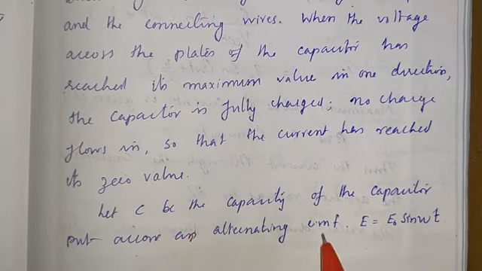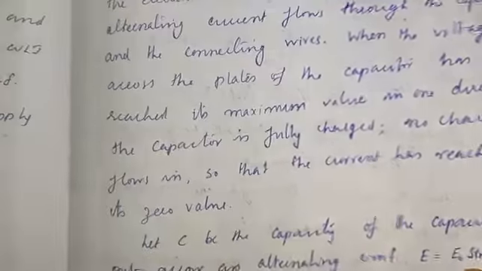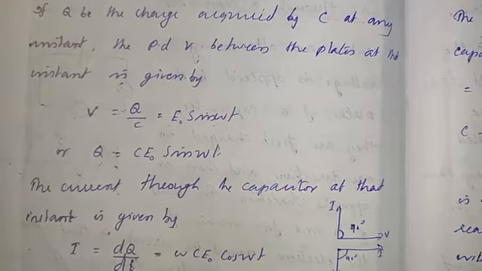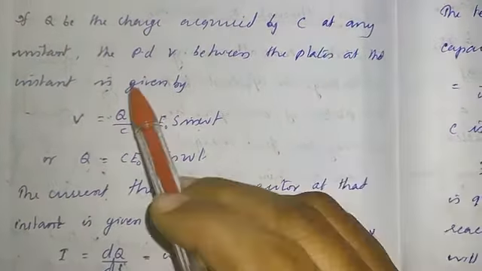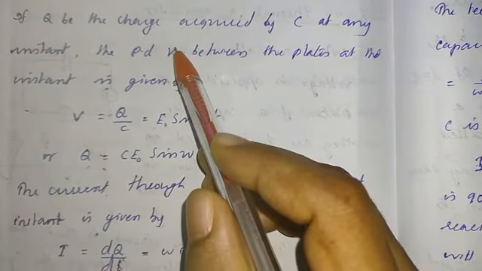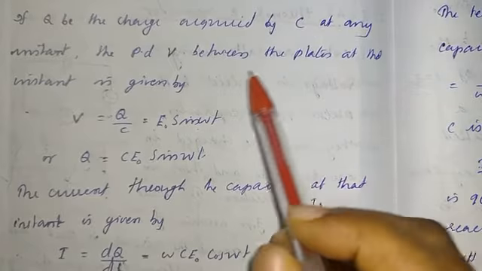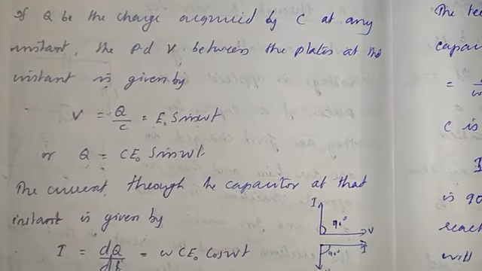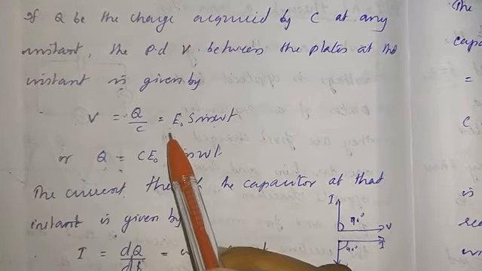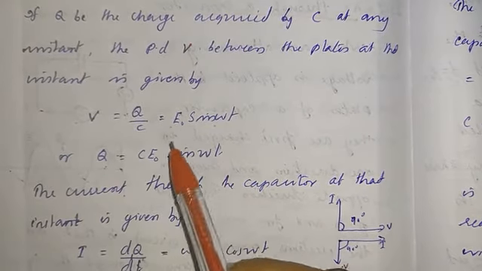Let C be the capacity of the capacitor and an alternating EMF be E equal to E0 sine omega t. If Q is the charge acquired by the capacitor at any instant, then the potential difference V between the plates at this instant is given by V equals Q by C, which is equal to E0 sine omega t.